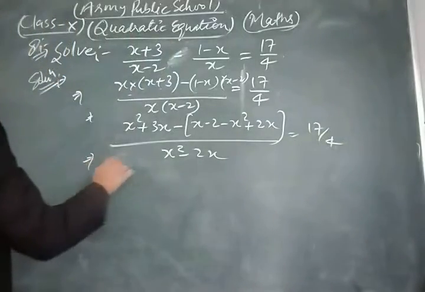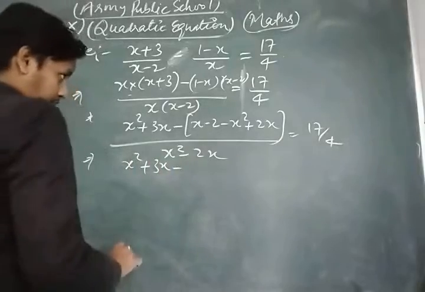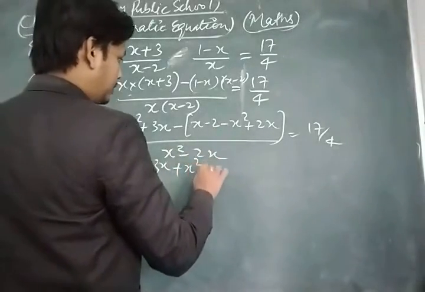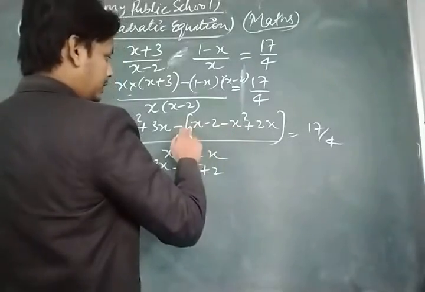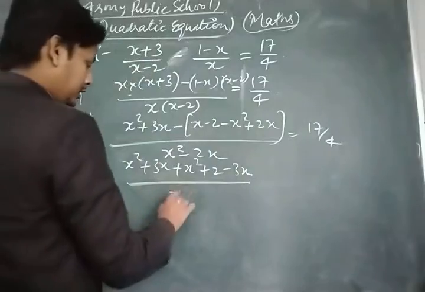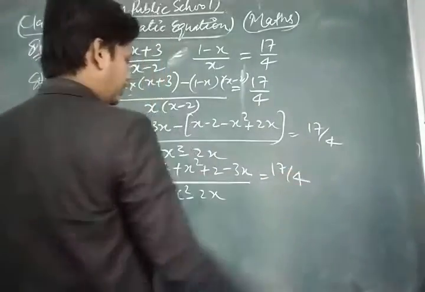Now this is x square plus 3x minus x square plus 2x, so this is minus 3x divided by x square minus 2x is equal to 17 by 4.